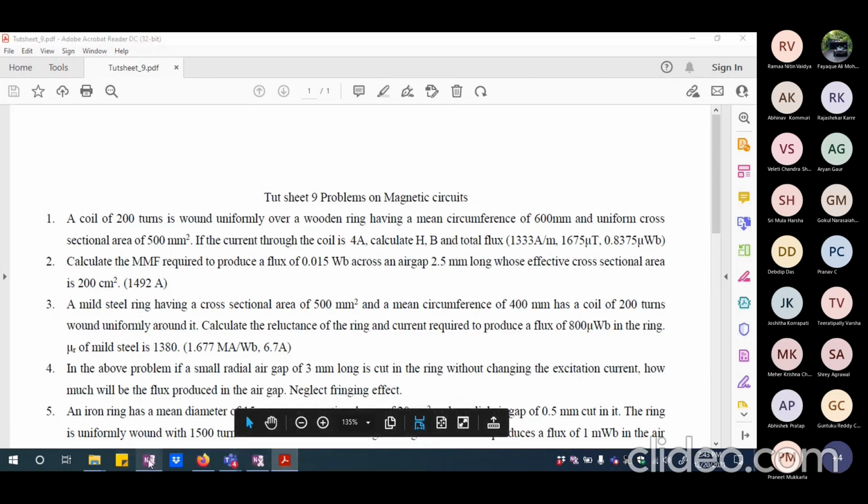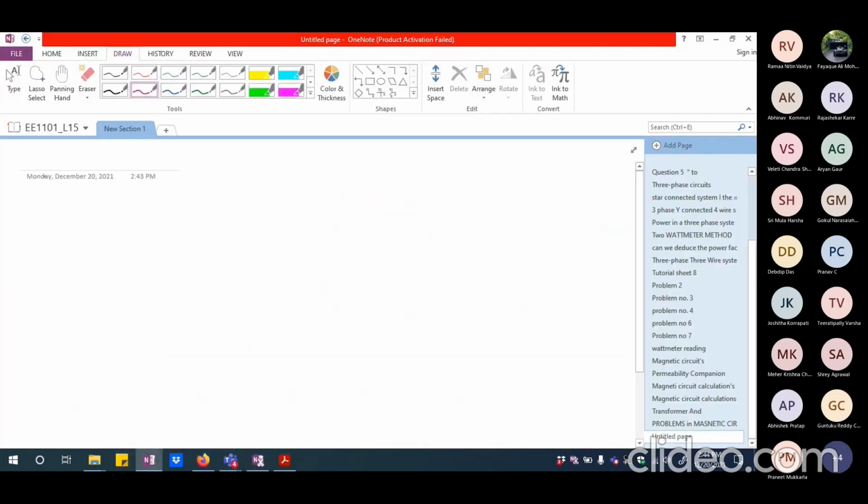Okay, so let's first of all write this. Cross-sectional area is 200 centimeter square and the air gap length L is given as 2.5 mm. And the flux required is 0.015 Weber.